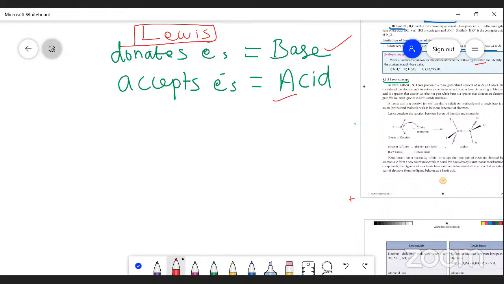If there is a donor, there should be an acceptor. What is the qualification of the acceptor, sir? The acceptor should possess some vacant place in it. If they have a vacant place, then they can act as a Lewis acid.